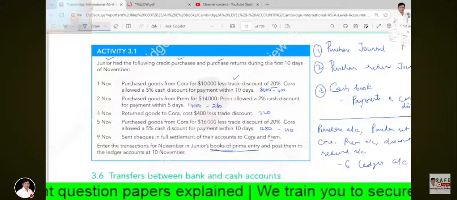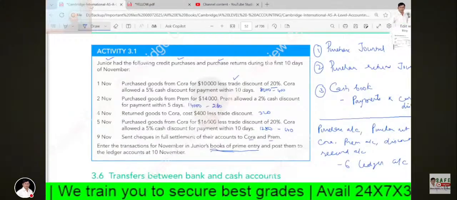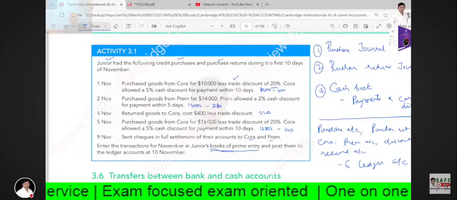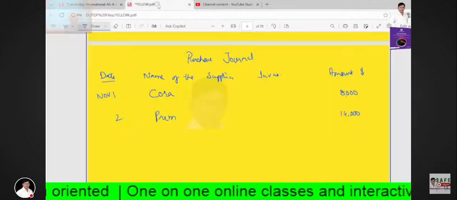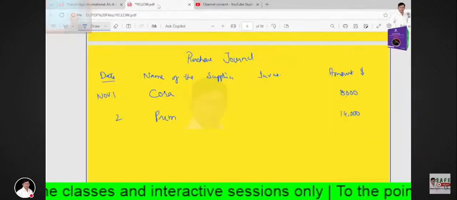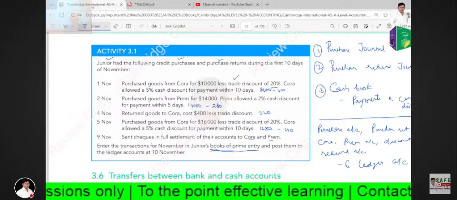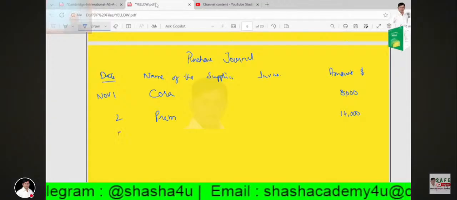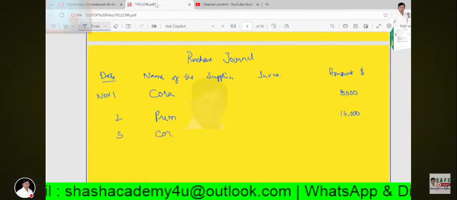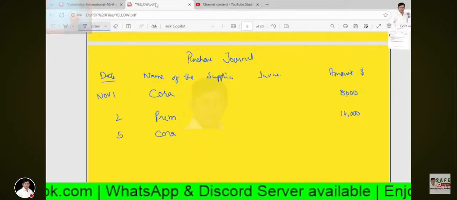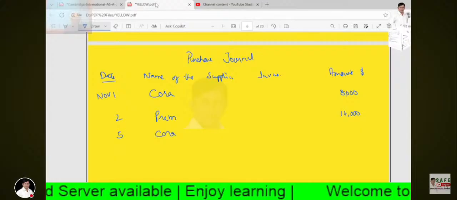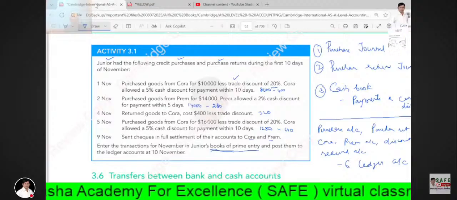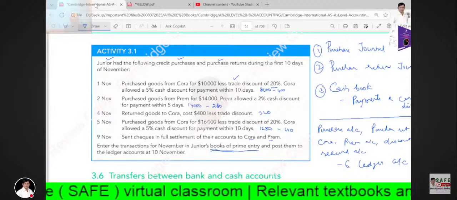Next, again we have purchased goods from Cora for 16,000, with a trade discount of 20%. It is on 5th November, purchased from Cora. So what is the amount? $12,800.